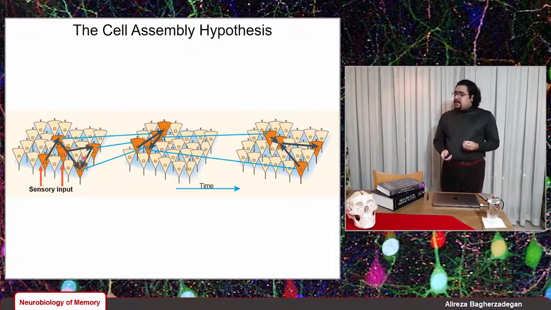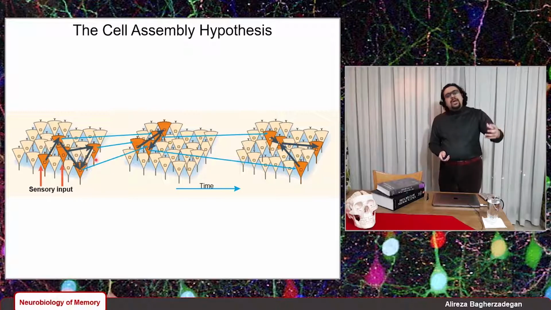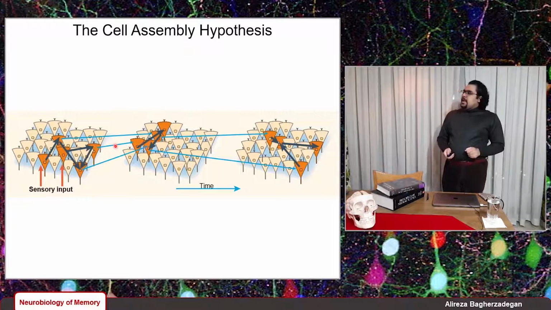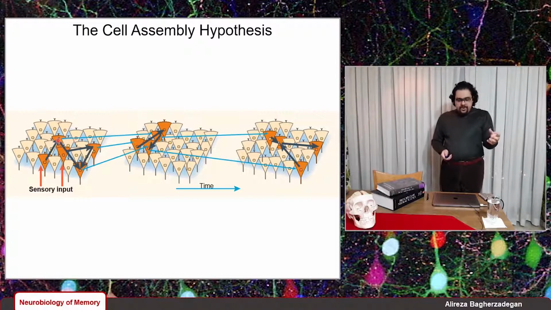The mere fact that cell assemblies can be activated by other cell assemblies tells us that we don't always need sensory input, because sometimes a single cell assembly can be activated by internal factors, including other cell assemblies.